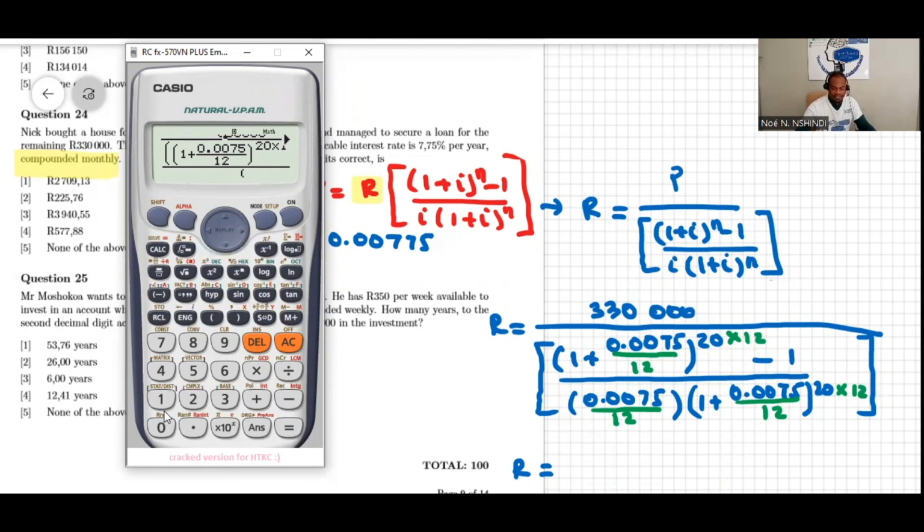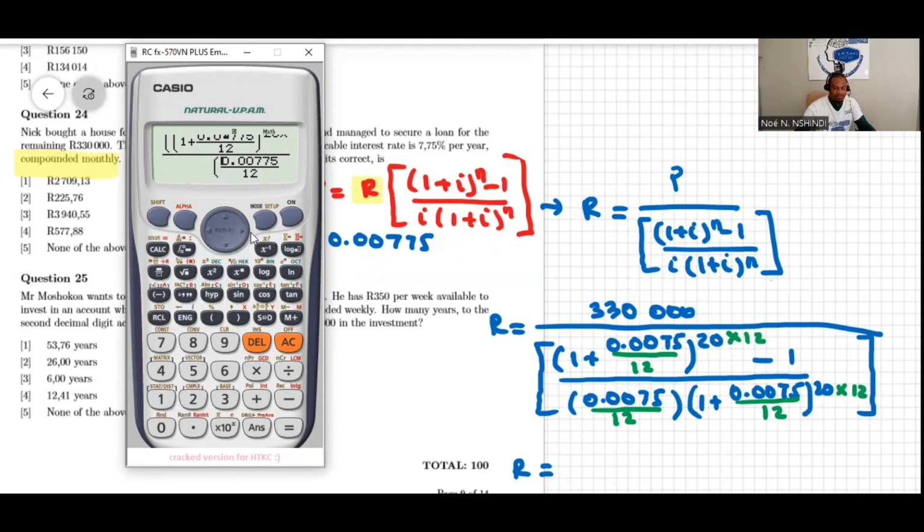And then over here, the interest is 0.00775, divided by 12. Yes, we have another 775 there.